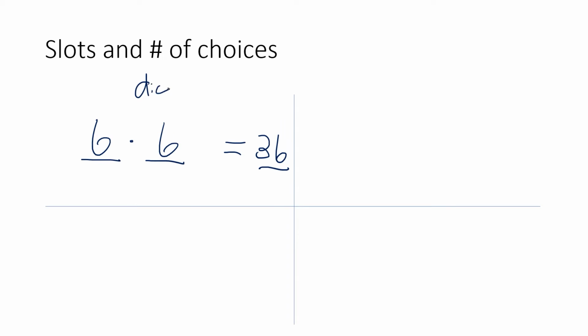This can also apply to something like coins. So let's say we're flipping 3 coins and we want to know how many different ways can that happen. All right. So we're flipping and there are only 2 options, right? So we have 3 slots. We're flipping 3 coins.